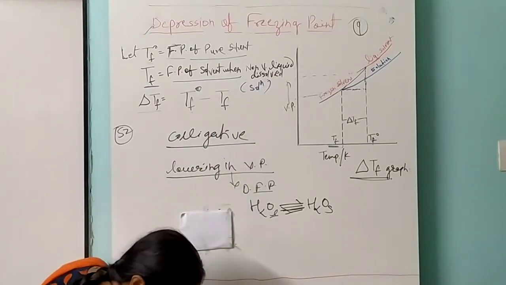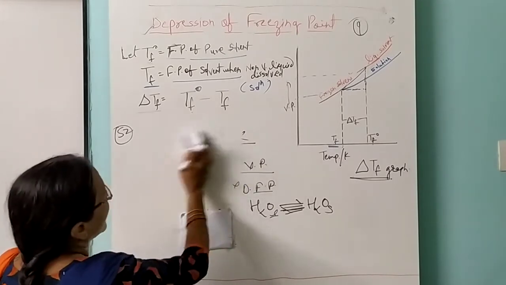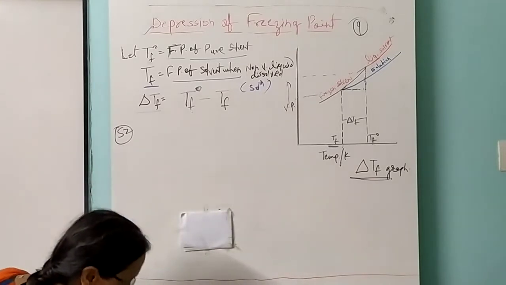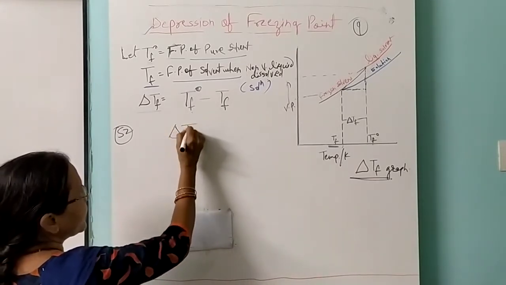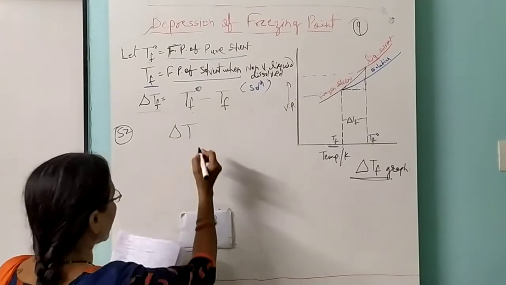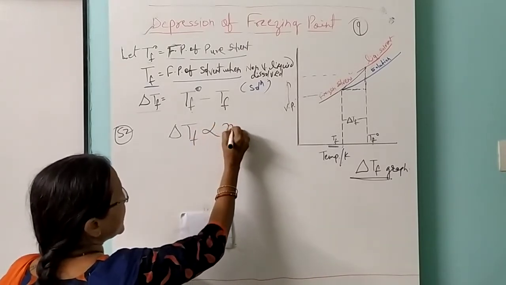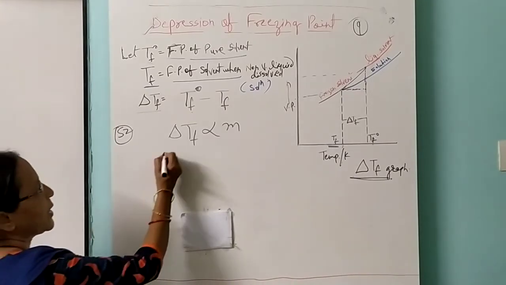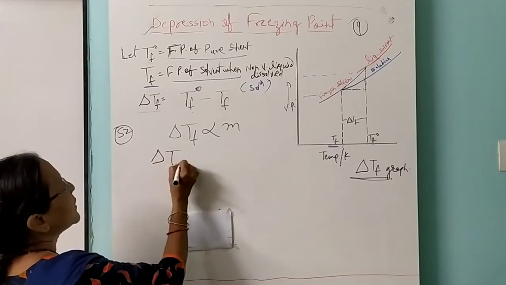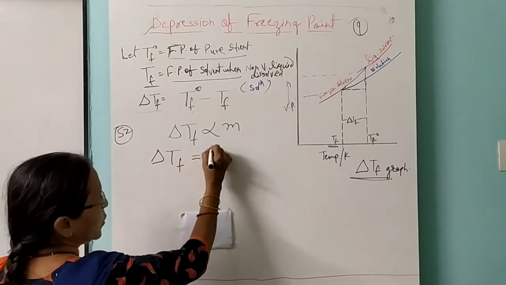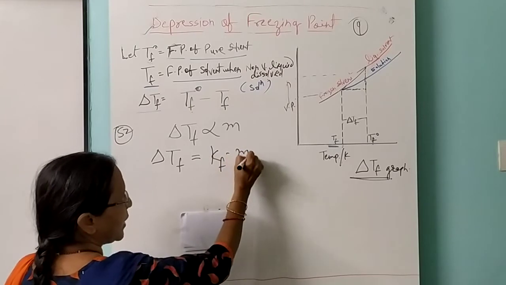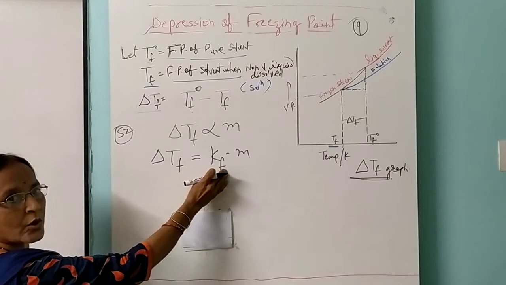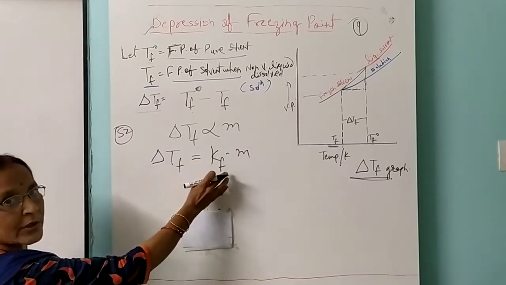Because this is also a colligative property, this delta TF is directly proportional to the molality of the solution. So delta TF is equal to Kf into m. Here Kf is the freezing point constant, or depression in freezing point constant.